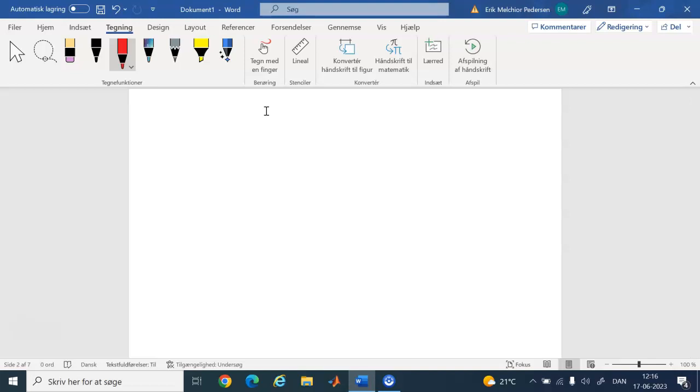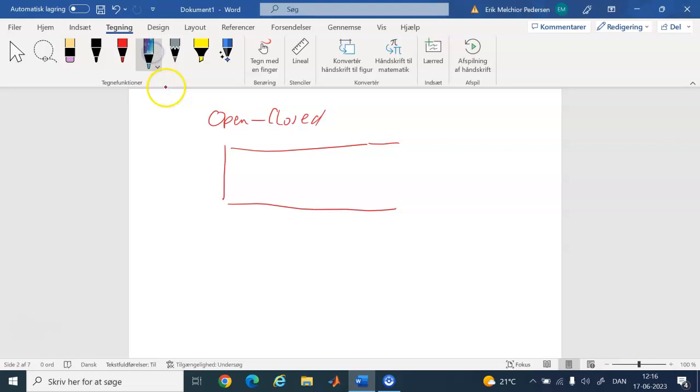Then we have an open closed cylinder. I think the pressure should be like this. Pressure here, pressure.